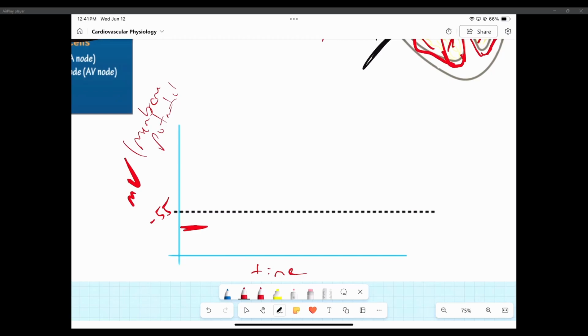Now, we're going to depolarize. We're going to call this phase 1. We're going to creep up to threshold. Once we hit threshold, we go right up, and this is our depolarization.